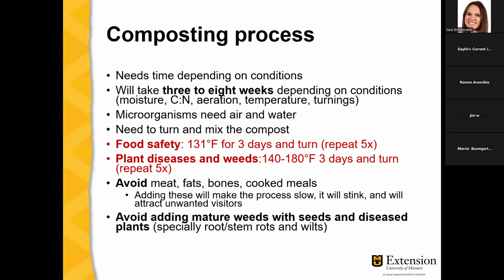Those are the conditions that will affect the timing as well as the quality of the compost. The timing is important. You're going to need 3 to 8 weeks, depending on these conditions, for the compost to be fully ready for maturation, and then a little more time for maturation.